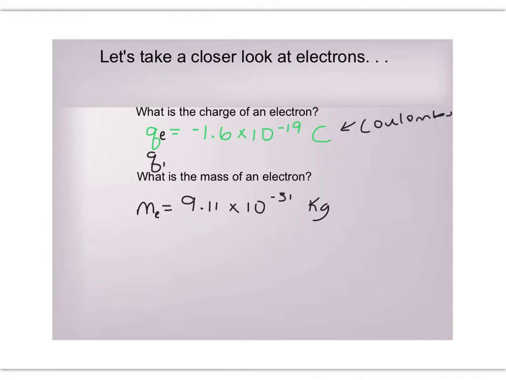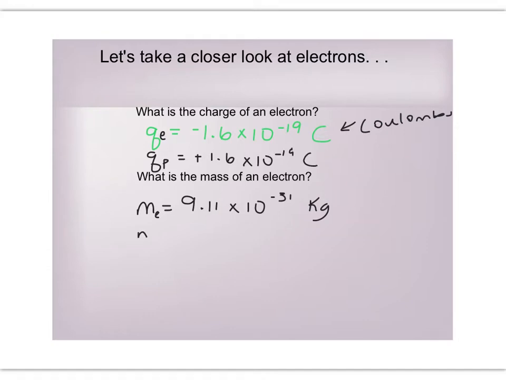Usually you hear of the charge of a proton as being +1 and an electron being -1, but they have the same charge, just opposite signs. So the charge of a proton is going to be positive 1.6 times 10 to the negative 19 coulombs.